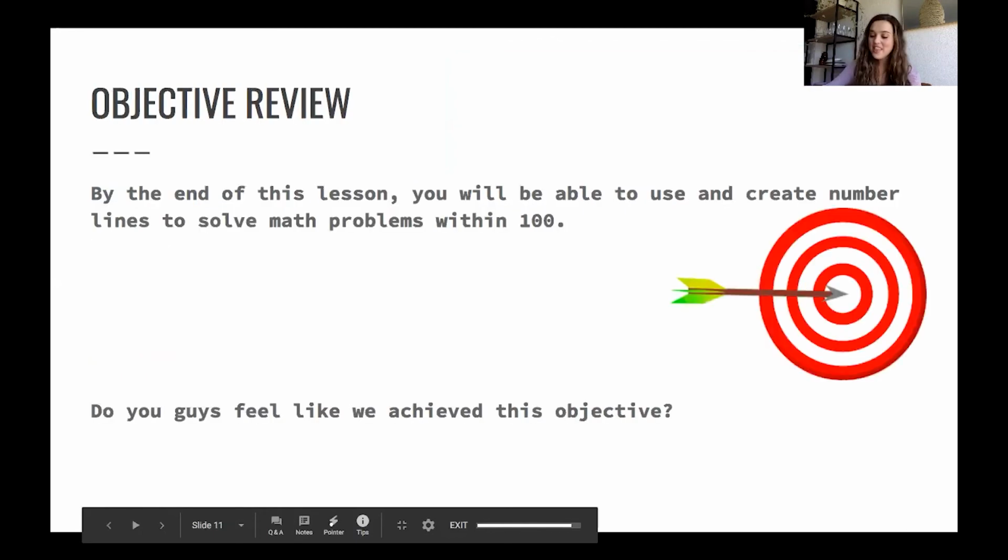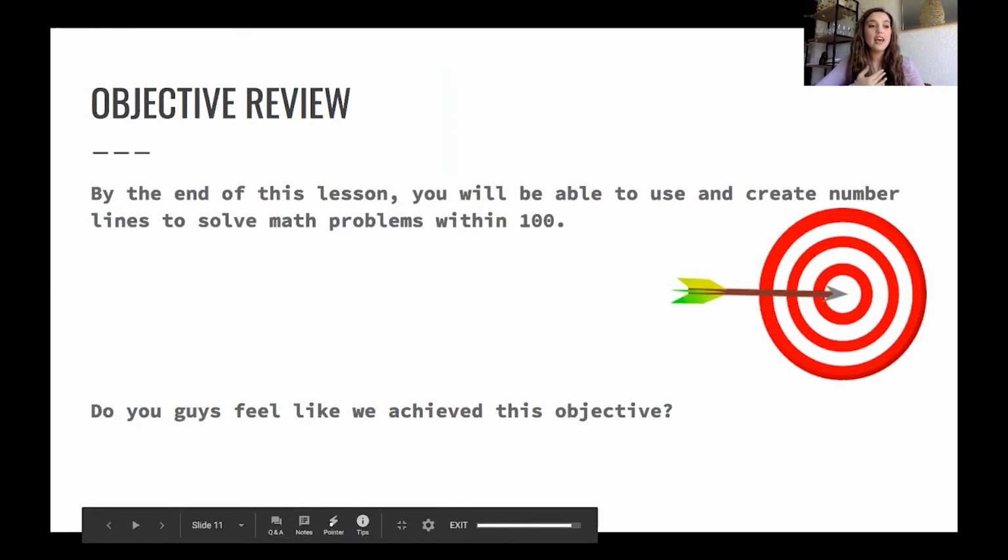All right, so that is all we are going to talk about today for number lines. Our objective was by the end of this lesson, you will be able to use and create number lines to solve math problems within 100. Give me a thumbs up if you feel like we reached this objective. Hopefully you do.